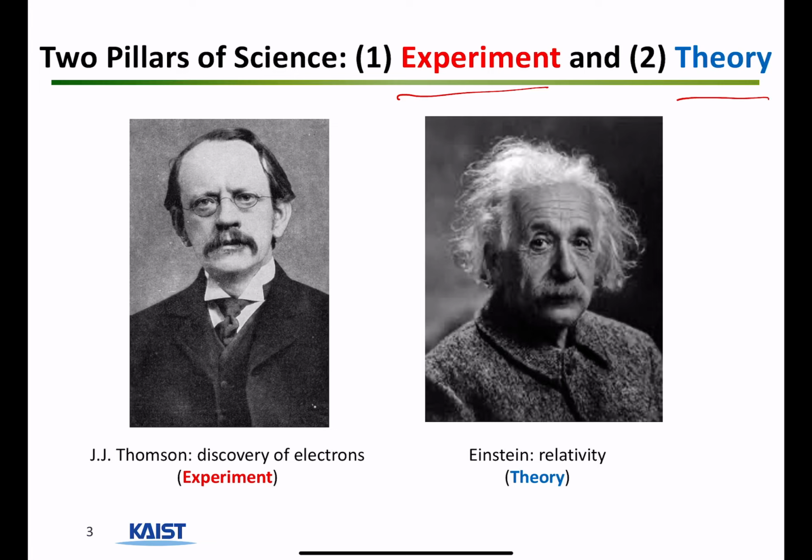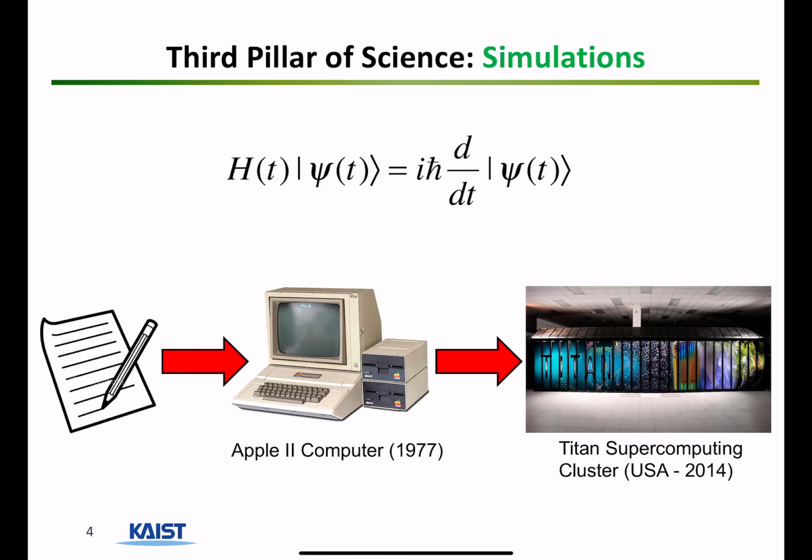Experiments, such as the discovery of electrons, and theories, such as the theory of relativity, formed two different pillars of science for the very longest time. And what happened in the last 50 years or so is that a third pillar of science began to emerge, which is simulations.